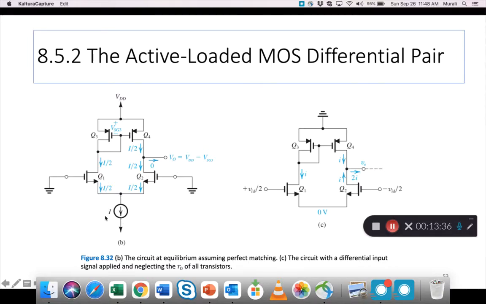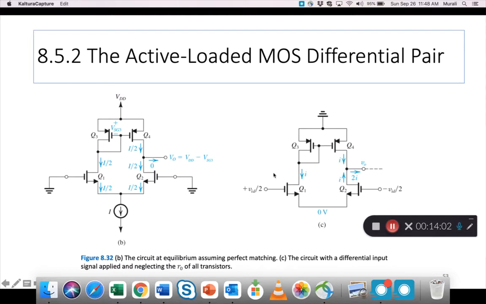You can say that this bias current I, which is coming from a current source, flows into the two branches equally, I by 2 and I by 2. And the output voltage is VDD minus SG3, right? Whatever the signal is, that's the output.